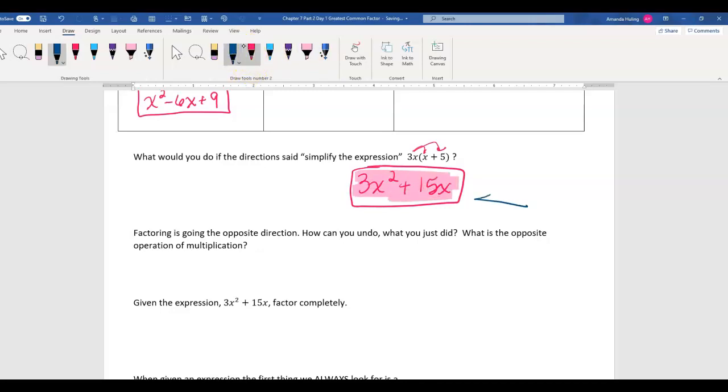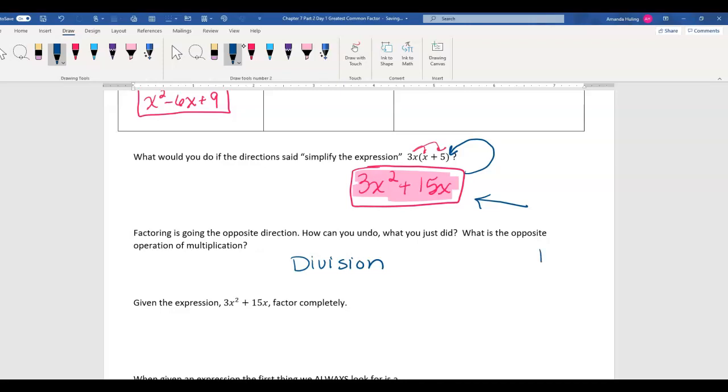So we're going to give you this, and you need to go back to there. It's kind of going in the opposite direction as multiplication. And what is that opposite operation of multiplication? If you wanted to undo it, then you would do division. So what we're going to be doing is called factoring. Factoring is another word for talking about division.